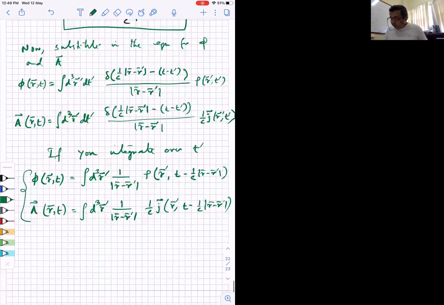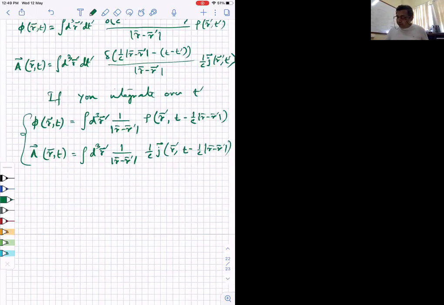So you are getting both the scalar potential and the vector potential at some point in space and time due to the charge and current density at another point in space, but at an earlier time.